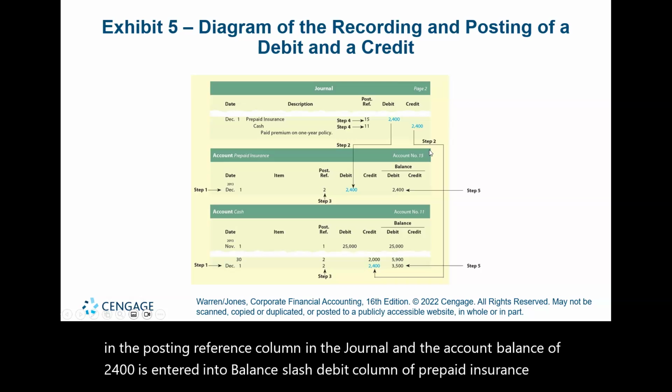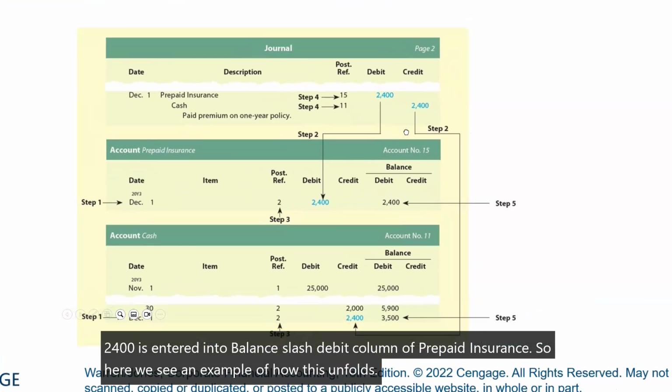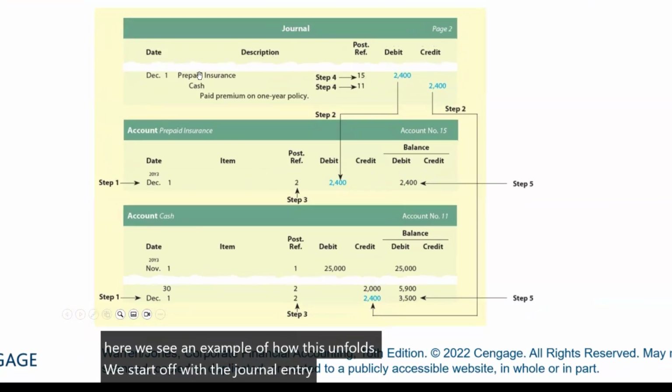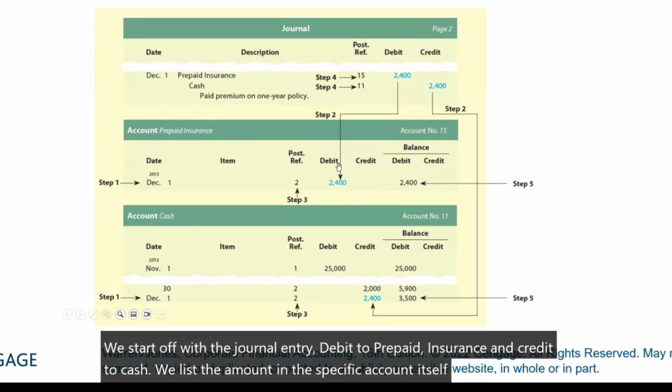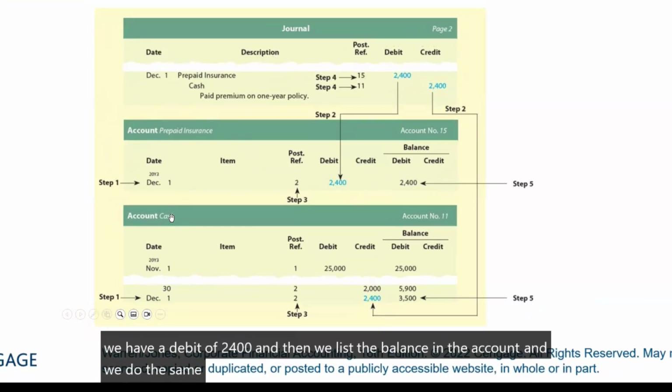So here we see an example of how this unfolds. We start off with the journal entry, debit to prepaid insurance and credit to cash. We list the amount in the specific account itself, prepaid insurance. We have a debit of $2,400, and then we list the balance in the account. And we do the same thing for our cash account.